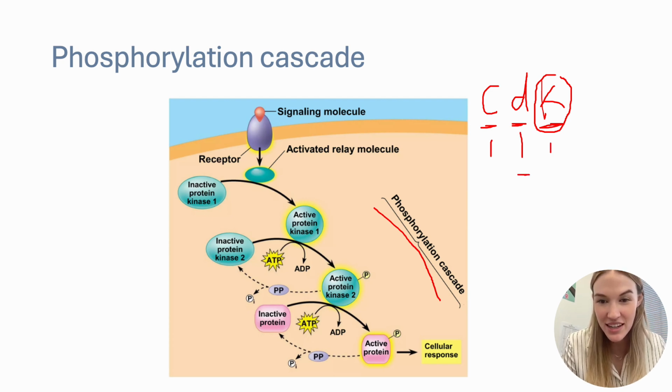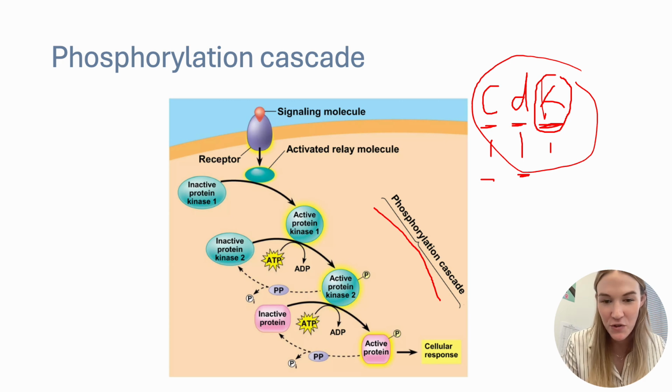It tells you that this CDK is dependent on a cyclin. So if the appropriate cyclin is there, it is going to activate a specific CDK. And that CDK, because it's a kinase that is now active, will trigger a phosphorylation cascade that will ultimately lead to a cellular response. This is how we regulate a lot of the cell cycle.